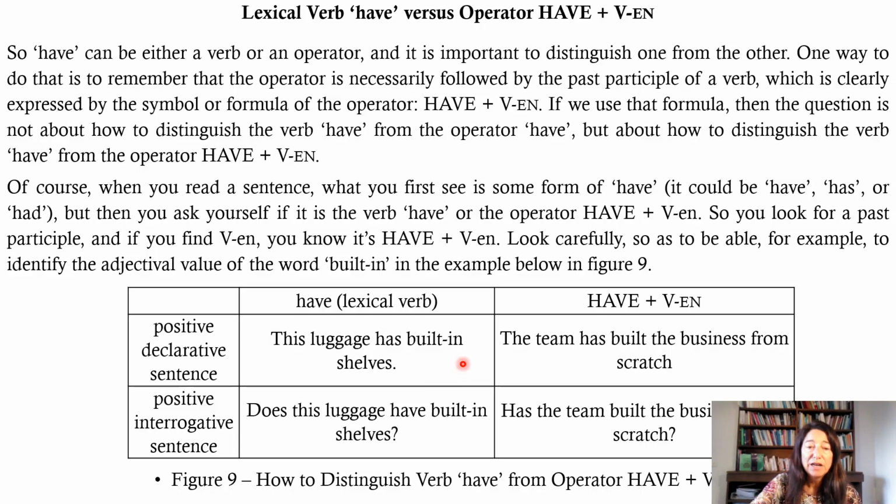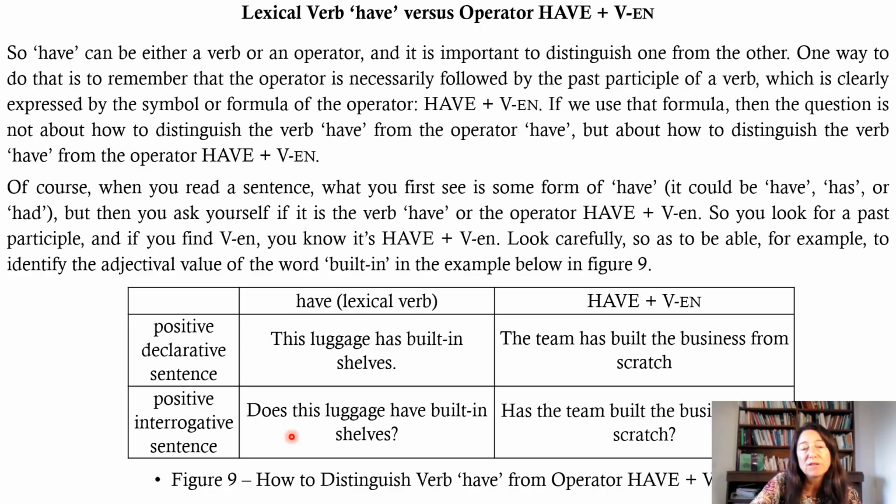So like here, to make an interrogative sentence, you need to associate the verb have to the operator do, and you will say, does this luggage have built-in shelves?